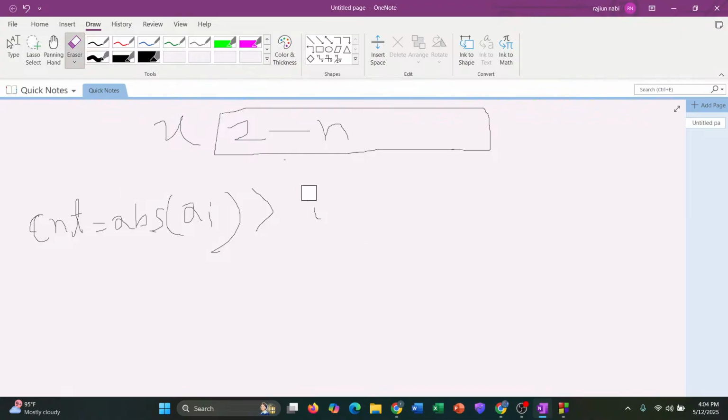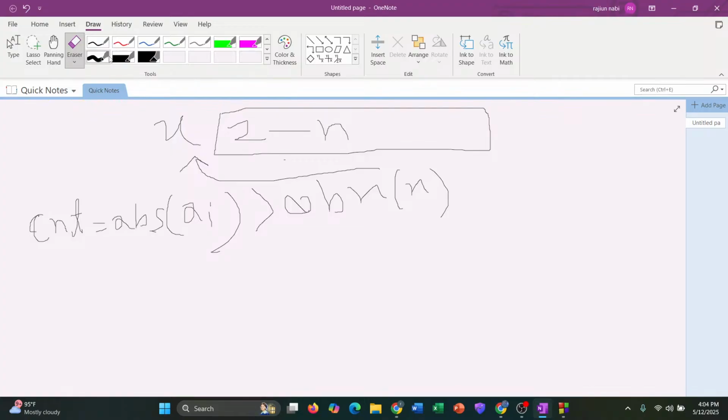Wait, let me clearly explain it, guys. For the remaining elements from 2 to n, our task is to count the elements whose absolute value is greater than the absolute value of x, the first element.